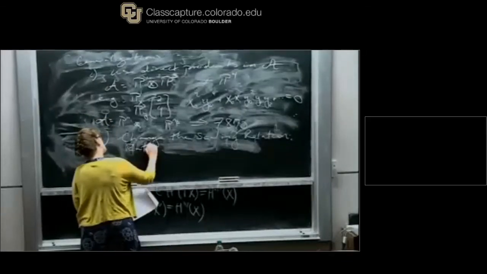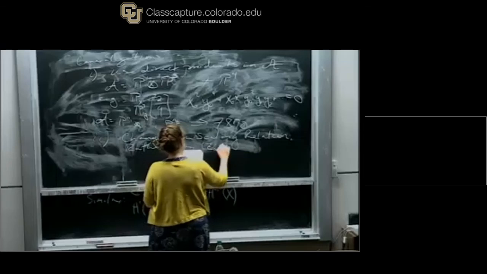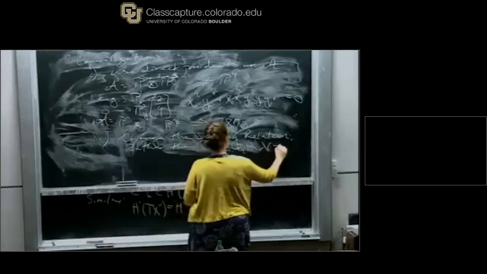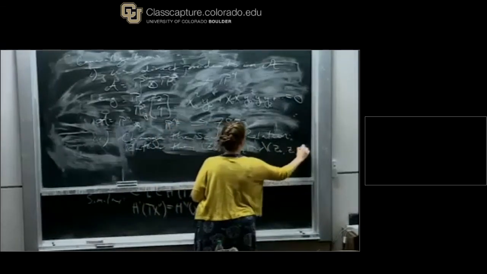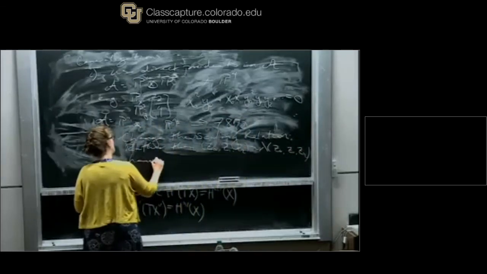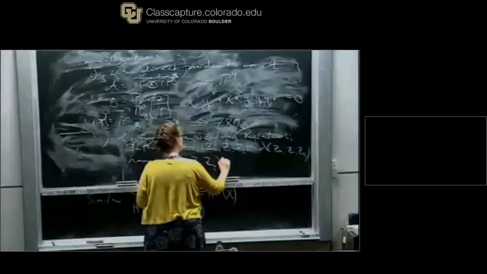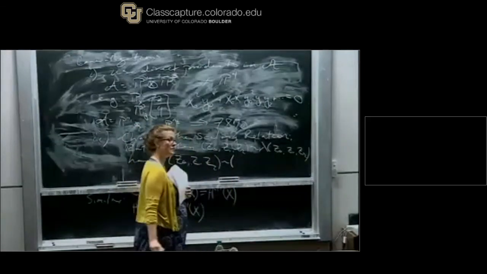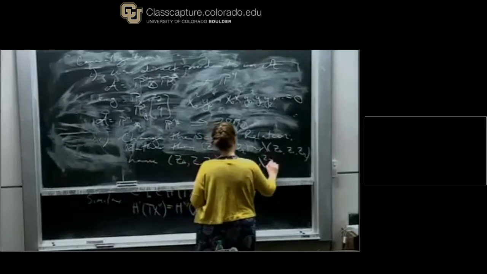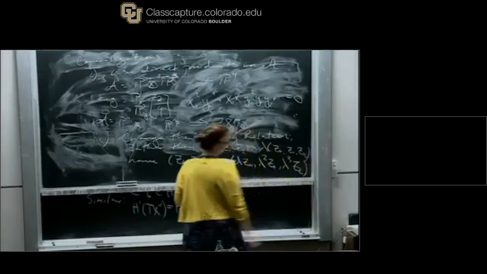So rather than z0, z1, z2 going like lambda z0, lambda z1, lambda z2, for example, what you can do is have z0, z1, z2 get identified where each guy scales his own way: lambda z0, lambda squared z1, lambda cubed z2.